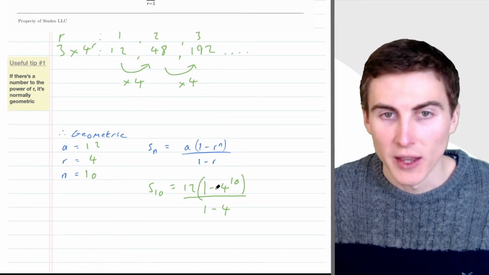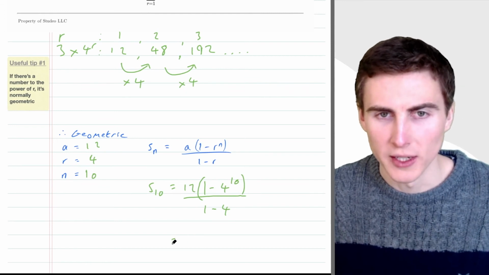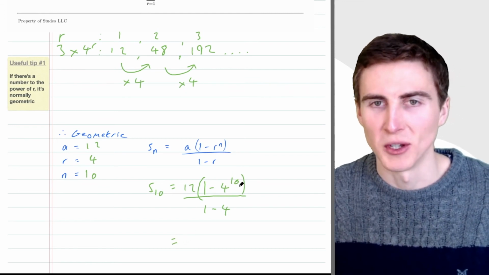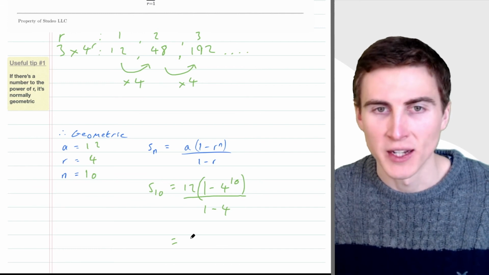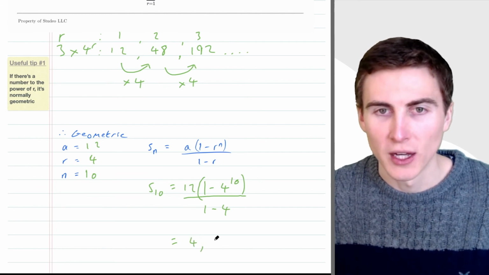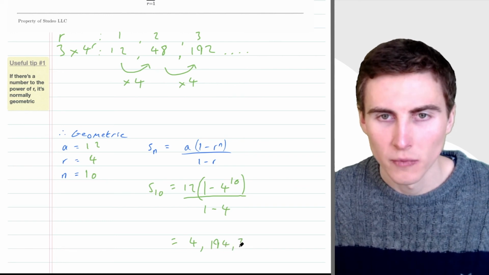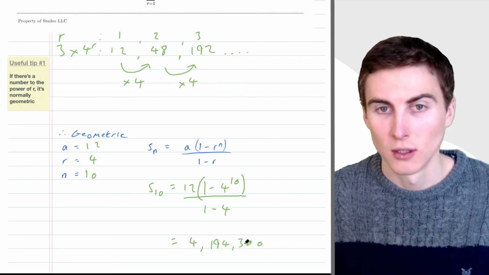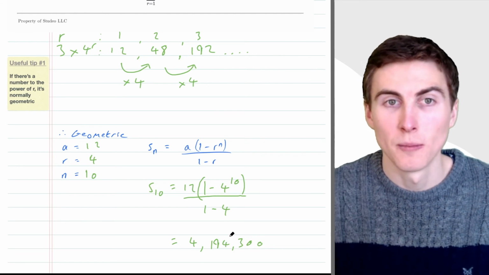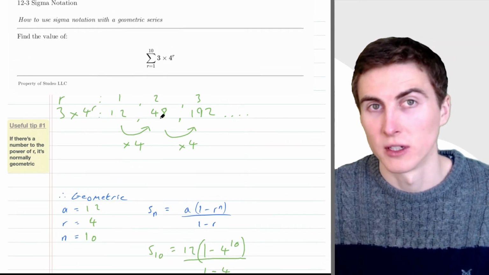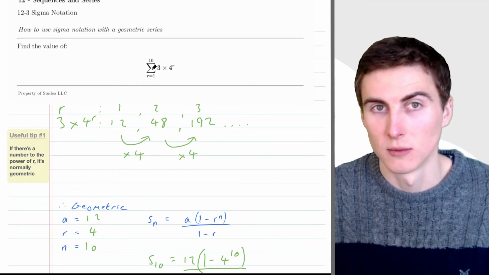And then if we simplify that, you put that whole thing into your calculator in one go, because 4 to the power of 10 will be a huge number, so you don't want to do that in your head. And it'll be 4,194,300. And that there is the sum of this geometric series, which means it's the answer to this.